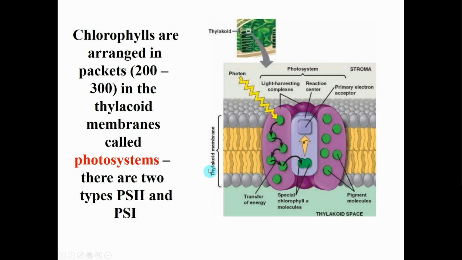The P stands for pigment, and the 680 stands for the wavelength that it best absorbs at. So remember, 680 is photosystem 2, and that is more energy, it absorbs at a higher photon energy rate, whereas the P700, which is photosystem 1, absorbs at a little bit of a lower energy rate.